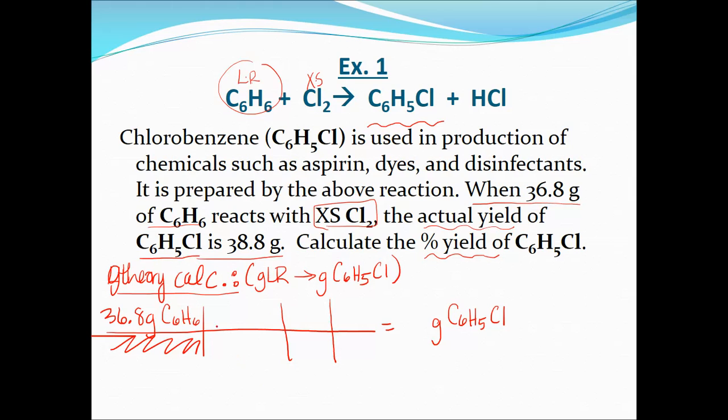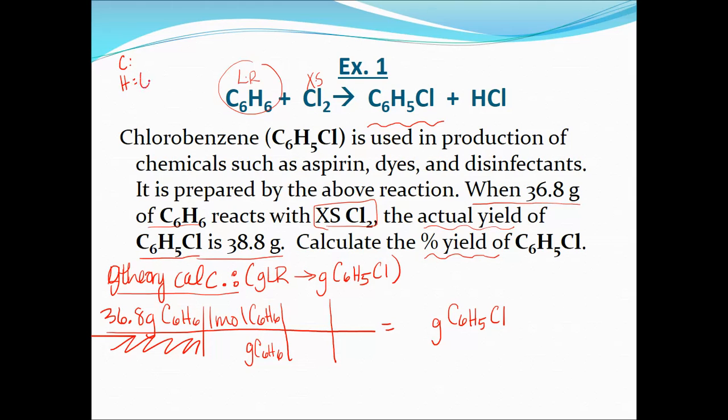1, 2, 3. So I need grams of C6H6 to cancel. That means this is going to be our molar mass, because molar mass is the only conversion factor we have that has grams in it. So for the molar mass of C6H6, I'm going to come over here and figure that out.